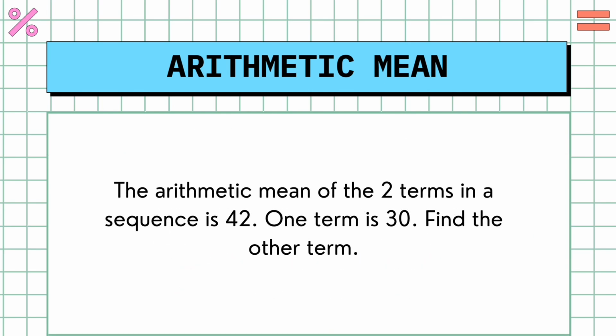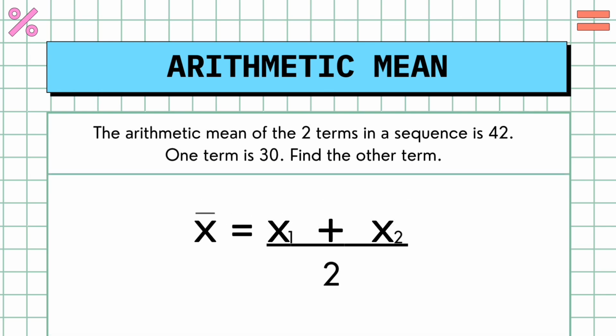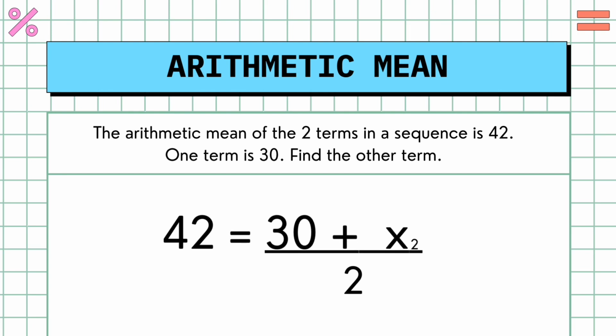Let's have this next one. The arithmetic mean of 2 terms in a sequence is 42. One term is 30. Find the other term. So we know that this is the formula. x sub 1 plus x sub 2, or basically the 2 terms, since we have 2 terms, divided by 2 is equal to our arithmetic mean. Now, how do we get this?